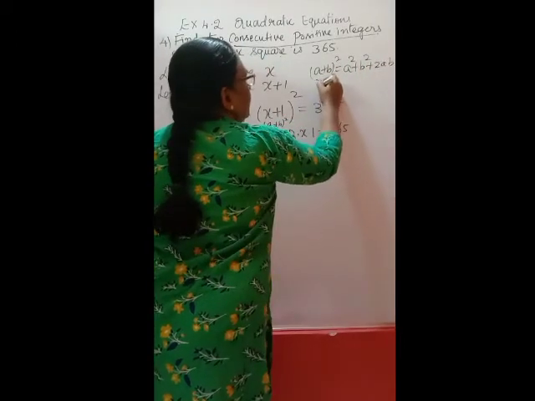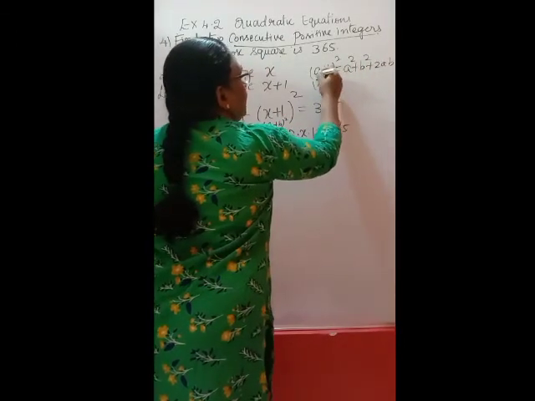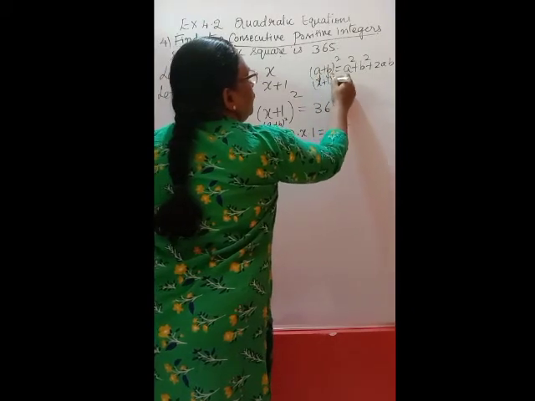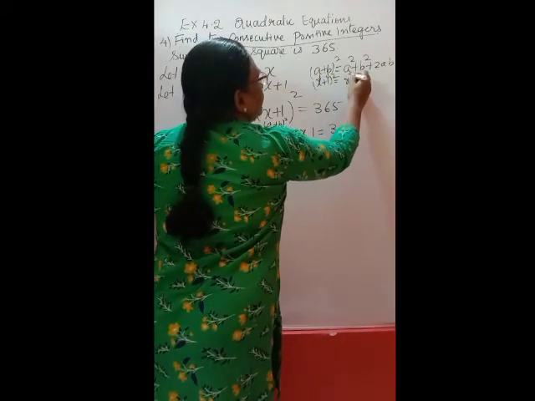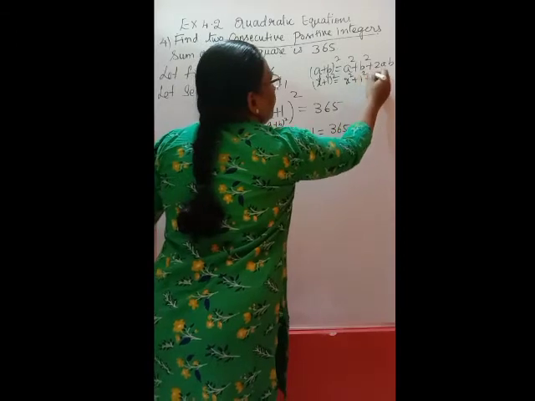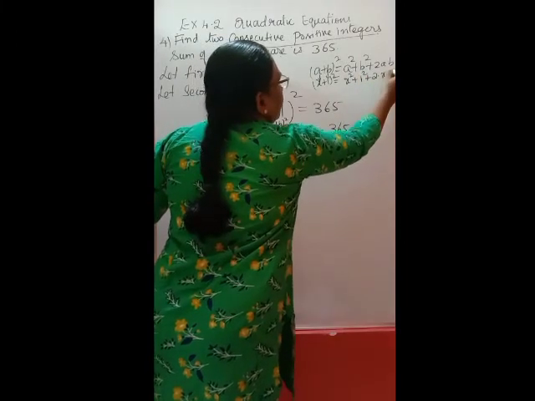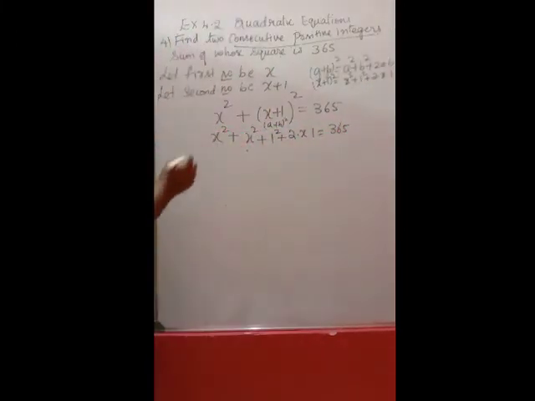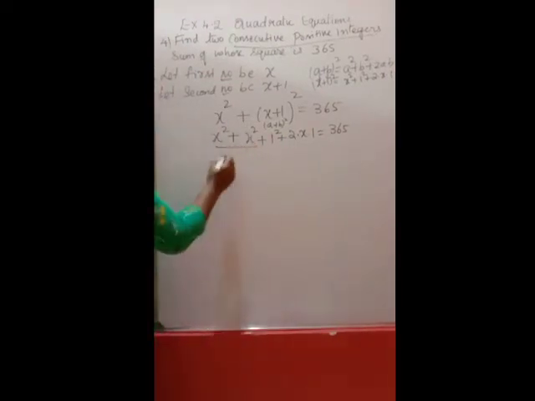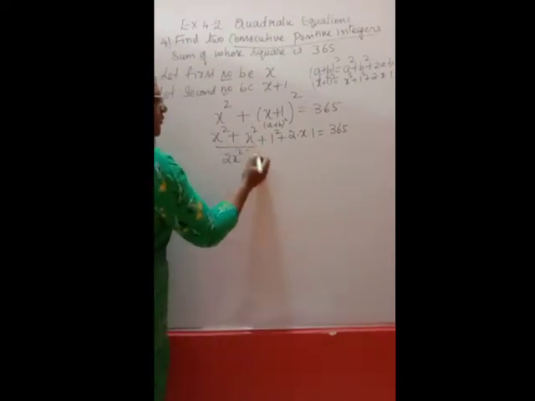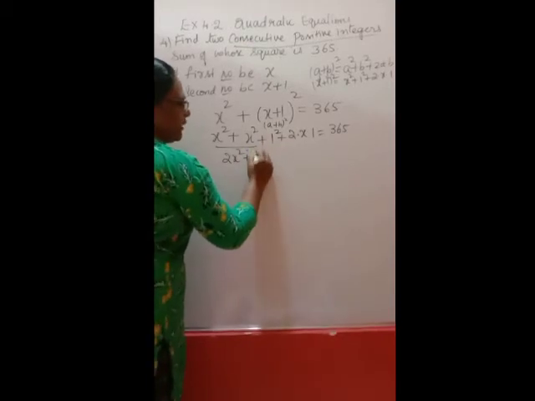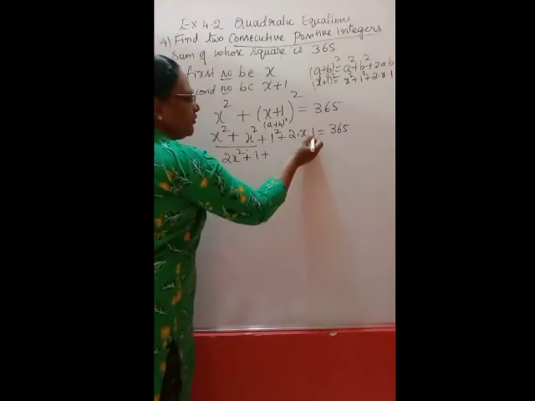Here you have x plus 1 whole square. A means x, b means 1. So I have written x square plus b means 1 square plus 2 into x into 1. That is what I have written here. Okay. So now you have two x square terms here. Write down 2x square plus 1 square is 1 plus 2 into 1 means 2.